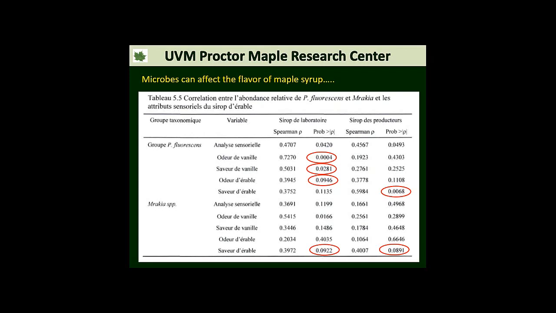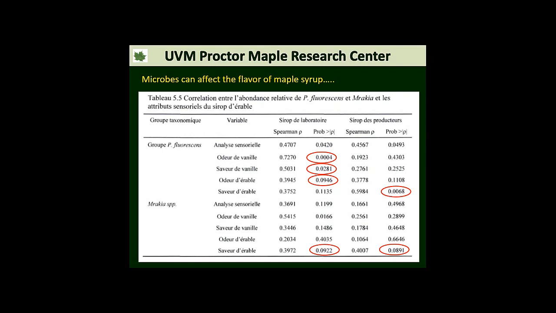What they looked at, both in the laboratory and with producers making it, was the odor or the flavor of different types of flavor compounds. For things that they added this Pseudomonas to, it increased the odor of vanilla. And it increased the flavor of vanilla and the odor of maple.